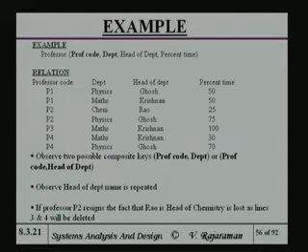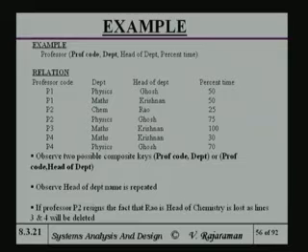So take an example. This again is an example with a composite key: professor code, department code, the head of the department, and the percent time the particular professor spends in the department. Many universities have so-called joint appointments. A teacher teaches in more than one department, part-time in one department, part-time in some other department, and so on. This example assumes that such a situation arises.